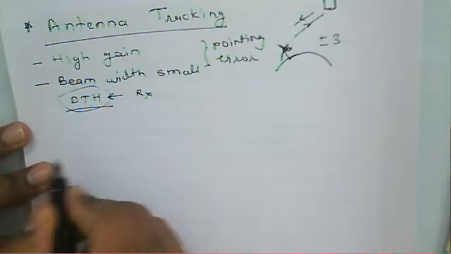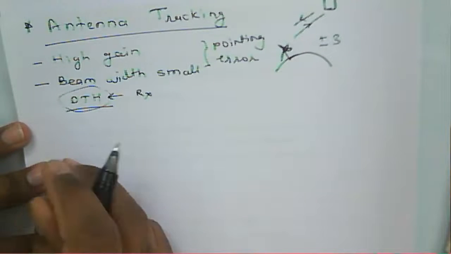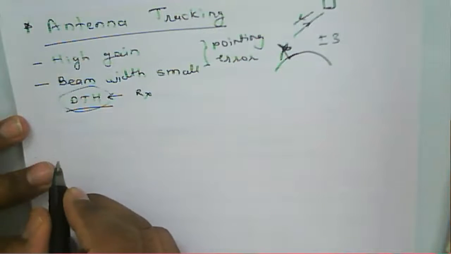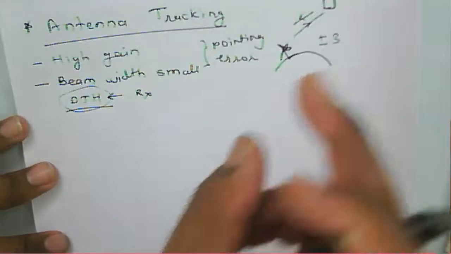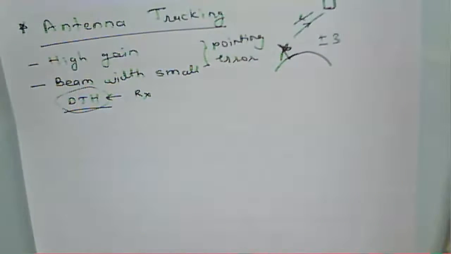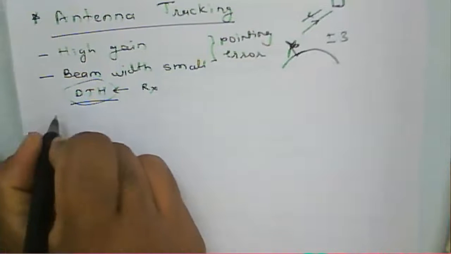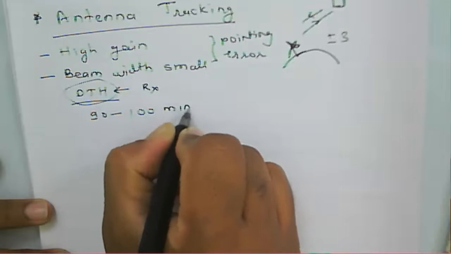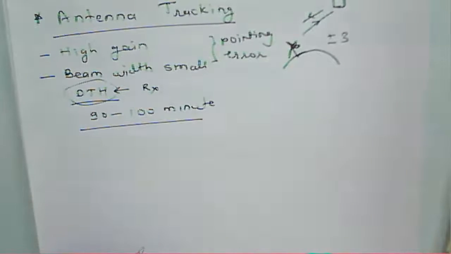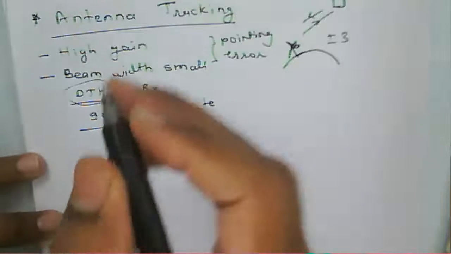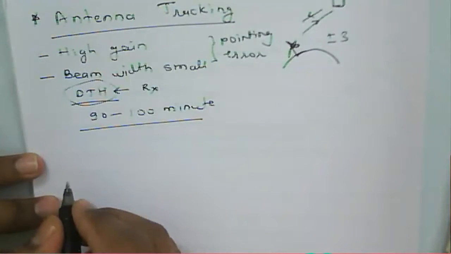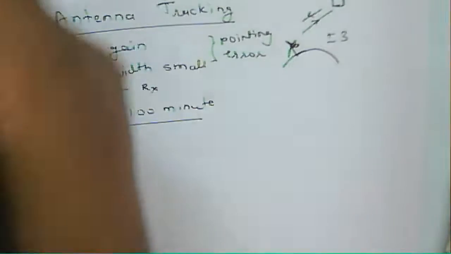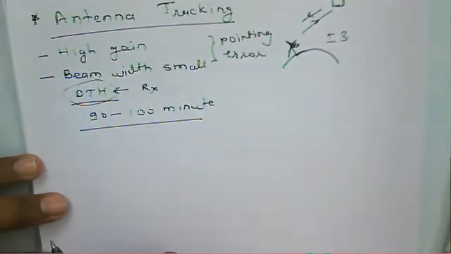But a low orbit satellite will be visible to the Earth station for a short duration, because for a low Earth orbit satellite one period of rotation is about 90 to 100 minutes. Then after 90 minutes, that satellite will come into the region of that Earth station.